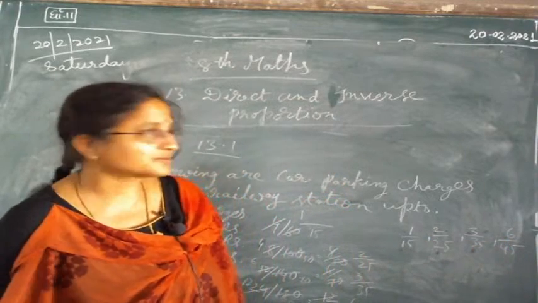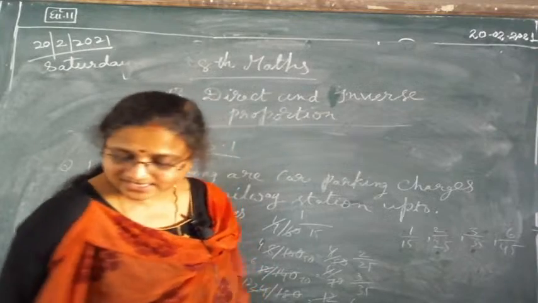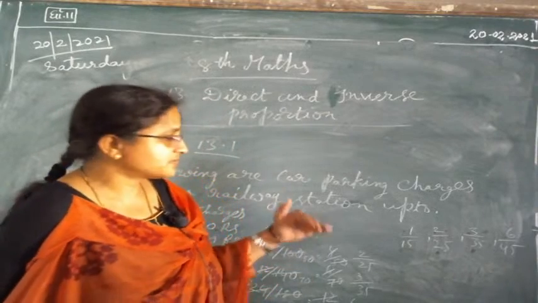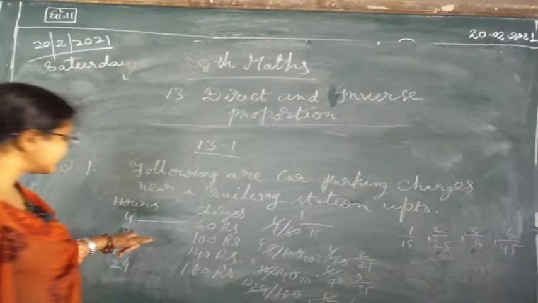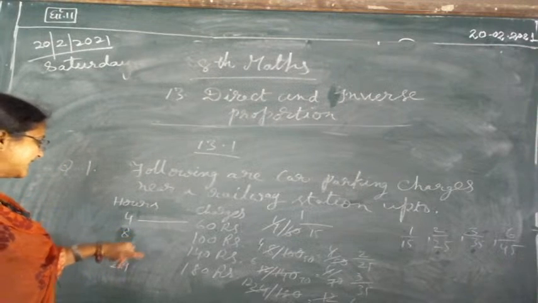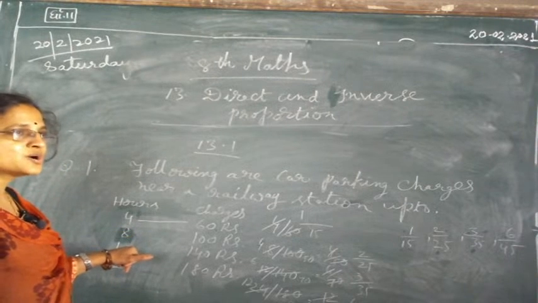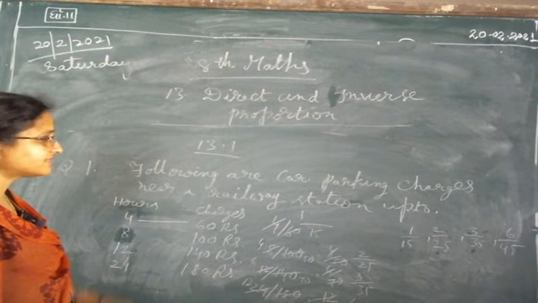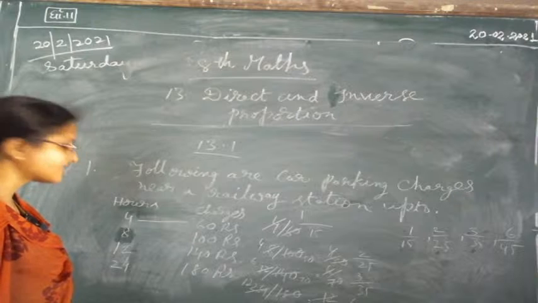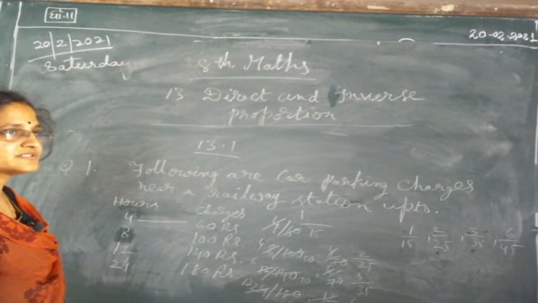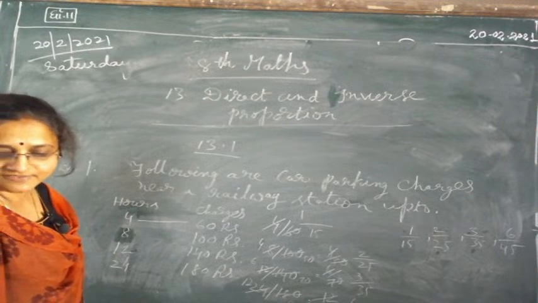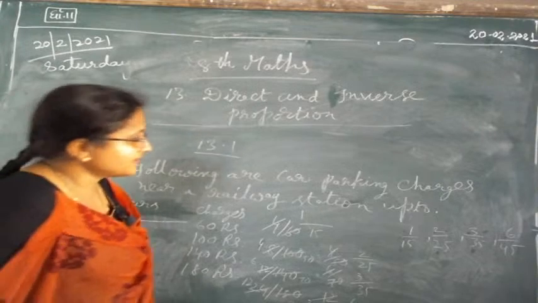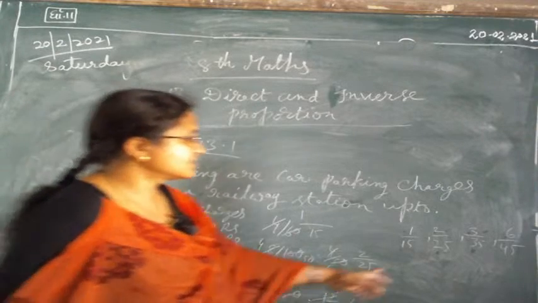But one thing you have to find out. See, what is the difference between 4 hours and 8 hours? That is 4 hours. And between 8 hours and 12 hours, that is also a 4 hours difference. But between 12 hours and 24 hours, how much difference is there? 12 hours difference, so this is wrong.